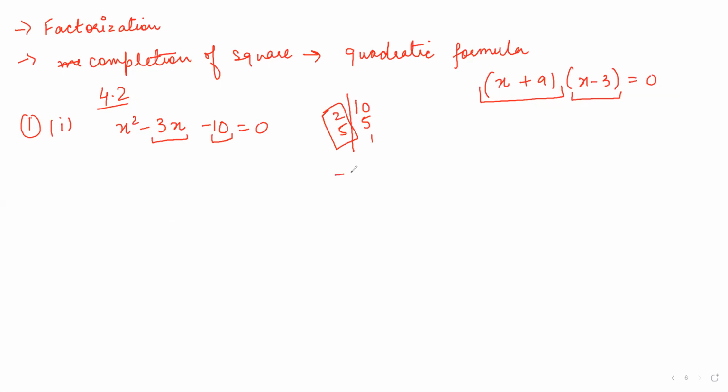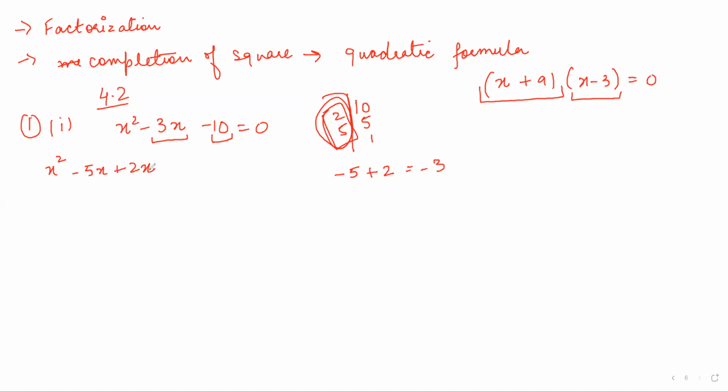So I will take minus 5 and plus 2. This will give me minus 3. Yes, Rida? Minus 5 and plus 2 will give me minus 3. The numbers have to be this 2 and 5, and then you have to arrange it. So I'll write x square, then minus 5x and plus 2x.